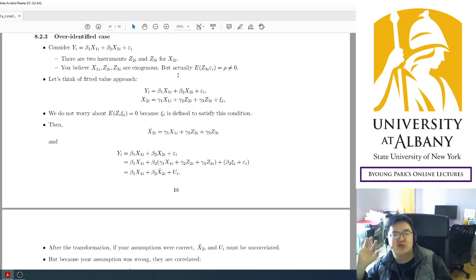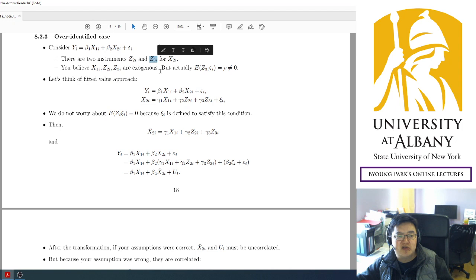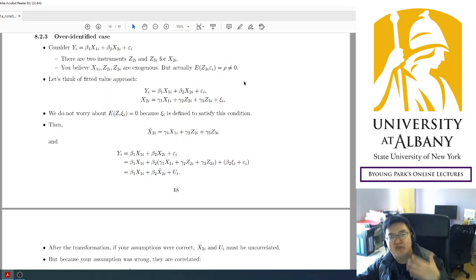So it is almost always nice. However, the problem here is you added an additional instrument, but unfortunately that was a wrong instrument. So you wanted to improve your estimator by including an instrument, but the additional instrument was not correct.